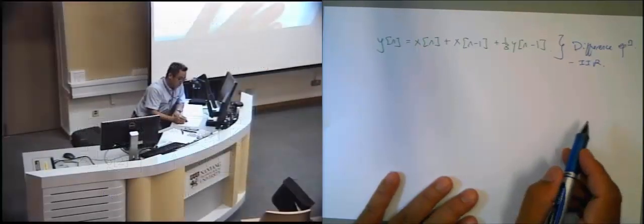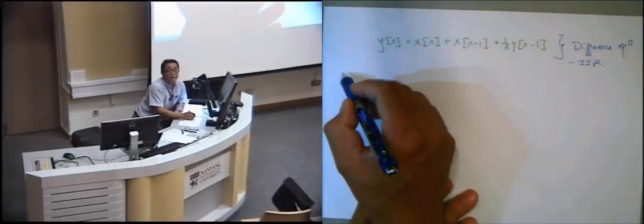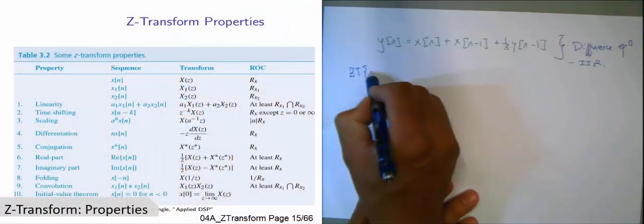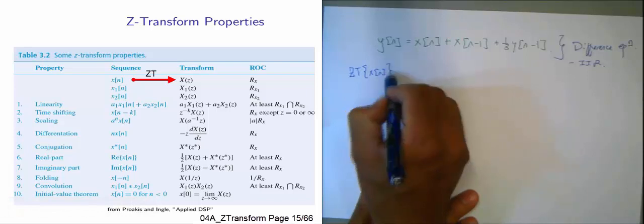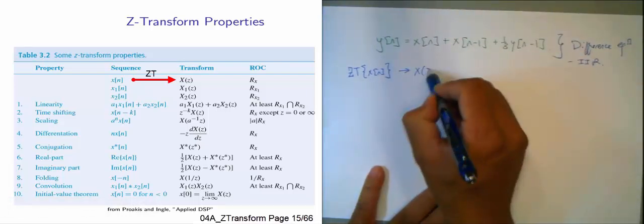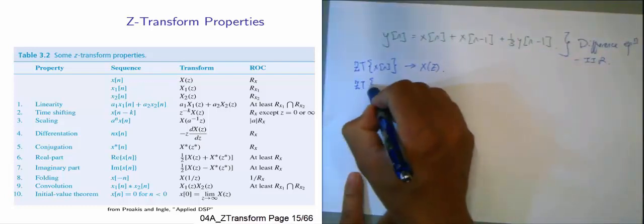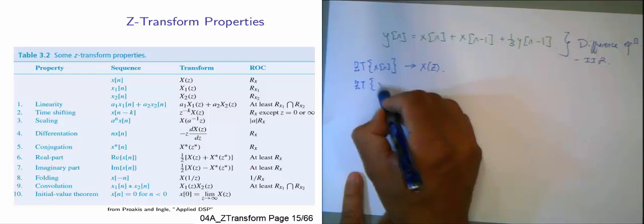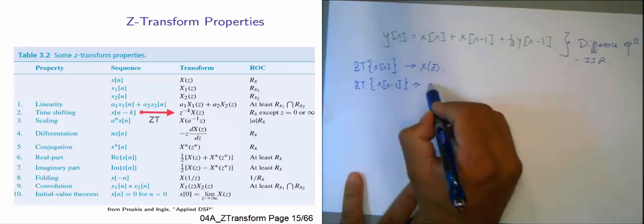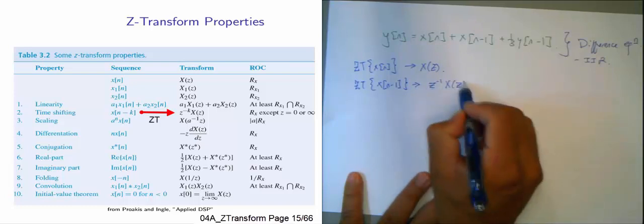Now, the Z transform has some very nice algebraic operations. If I say Z transform of x of n, then you can think of it as a notation change to X of z. And of course, the Z transform of x of n minus 1, we get z to the minus 1 times X of z.